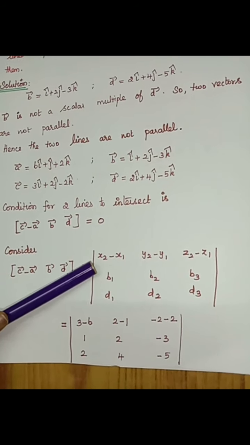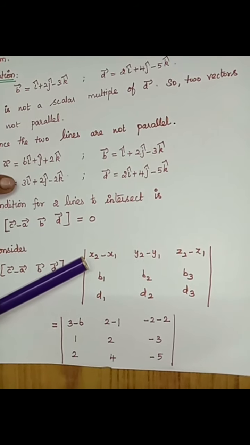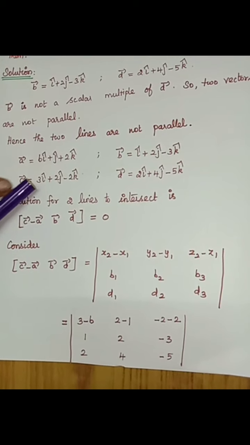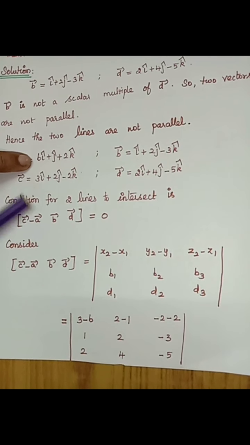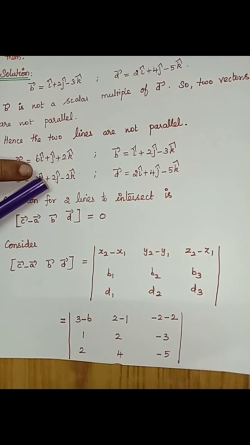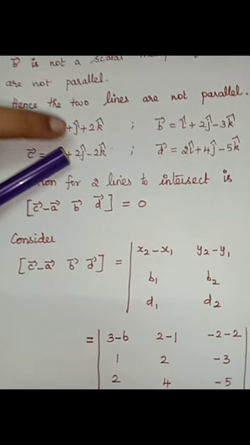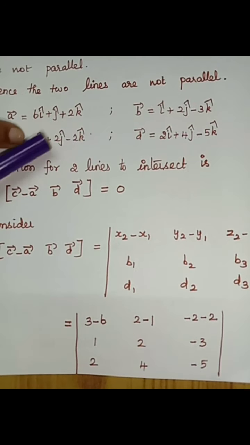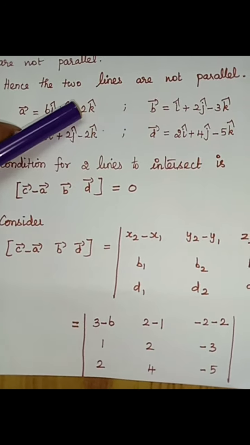So you have to substitute the values. For c vector, x2 is 3 minus 6. Next y2 is 2 minus 1, and here minus 2 minus 2. Here b1 is 1, b2 is 2 and b3 is minus 3.